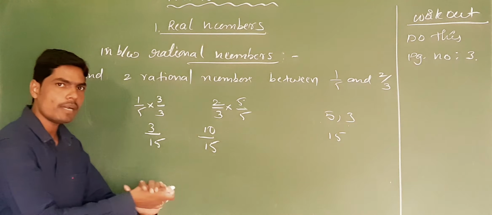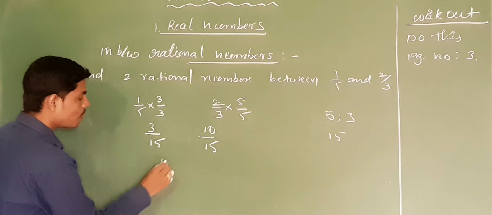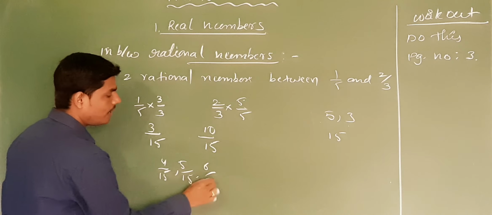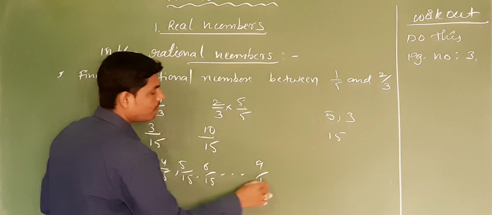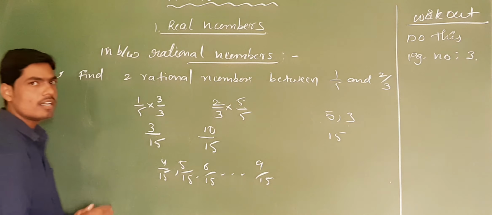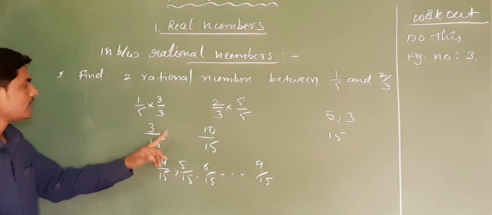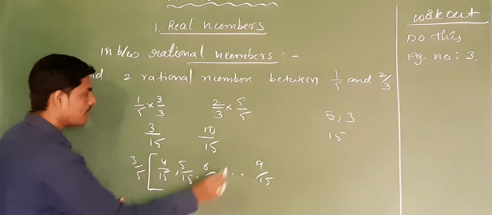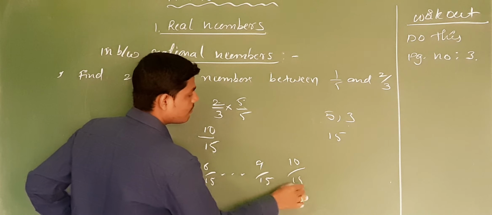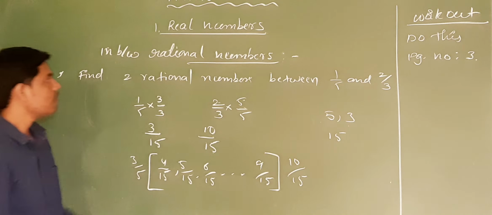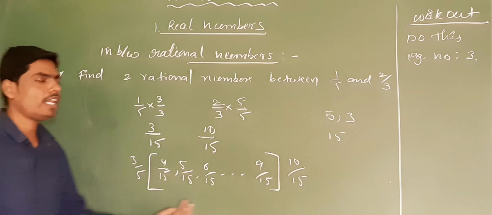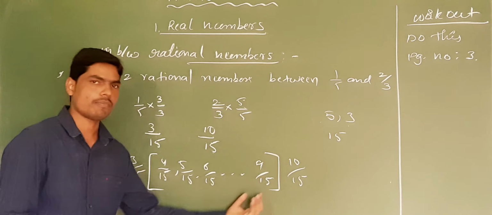All the middle fractions, that is 4 by 15, 5 by 15, 6 by 15 up to 9 by 15, these are all in between rational numbers for 3 by 15 and 10 by 15. Now we need to find only two rational numbers, and we can take any two from this.